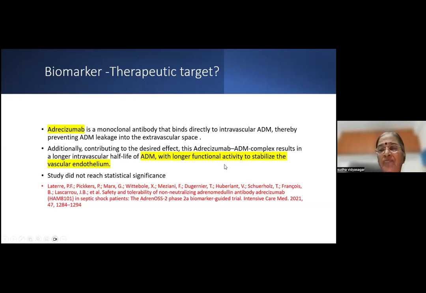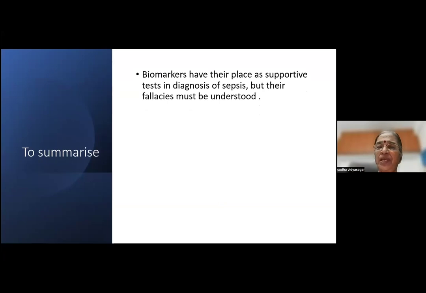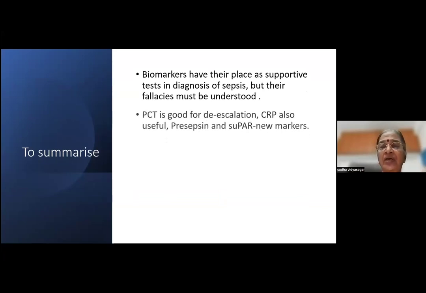So a biomarker, starting from being a diagnostic tool, has become something that can predict a prognosis or a complication, or even be used as a therapeutic target. So to summarize, biomarkers have their place as supportive tests in the diagnosis of sepsis, but their fallacies must be understood. You must know how to use them, otherwise you'll keep on making wrong diagnoses.